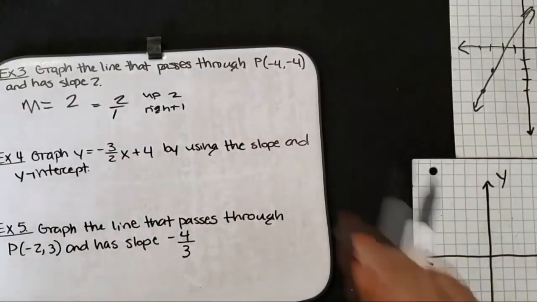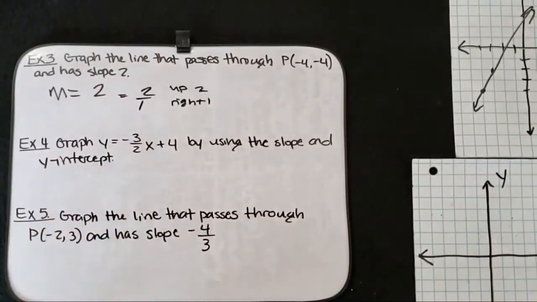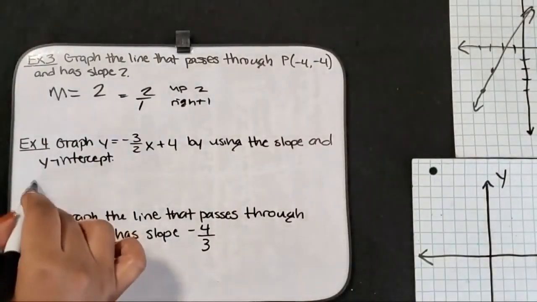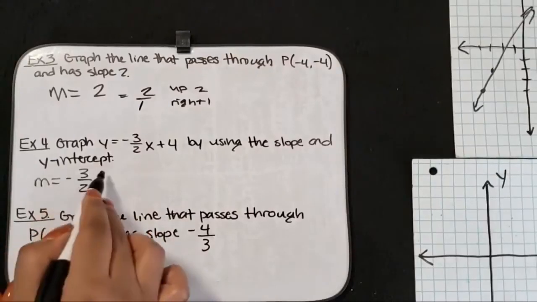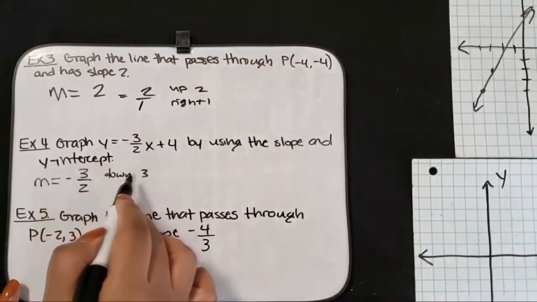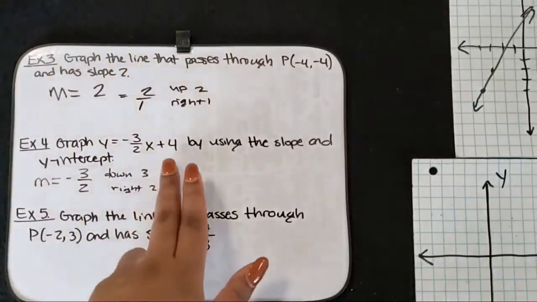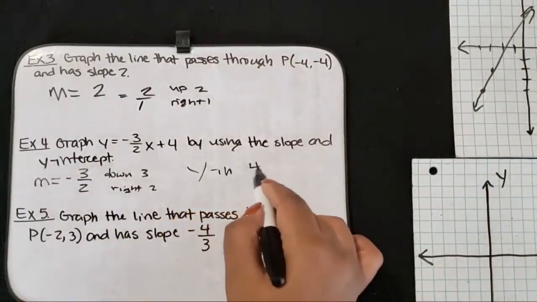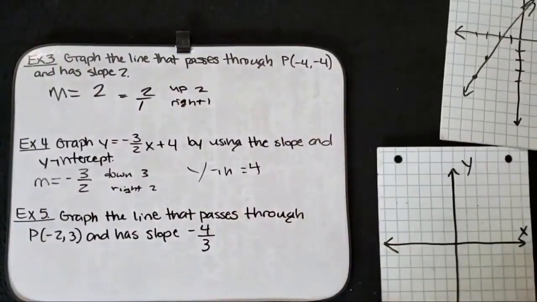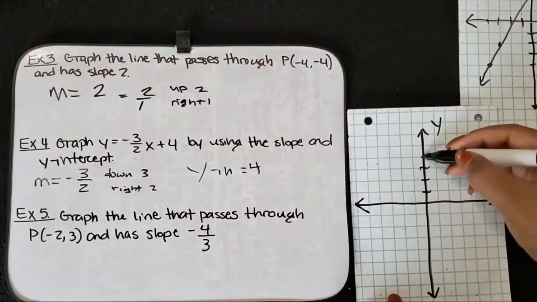For example 4: in example 3, they gave us the point and the slope. For example 4, they give it to us in slope-intercept form. So we know that the slope is the m, which is -3/2. So we're going to go down 3 and to the right 2. They give us 4, so our y-intercept is 4. On our y-axis, we find +4, which is here.